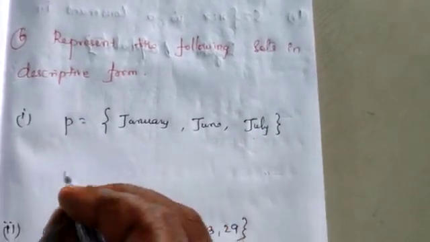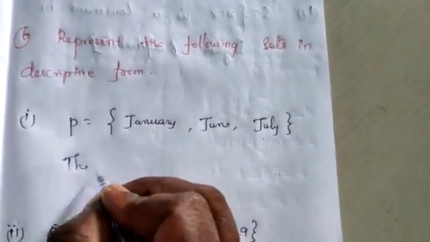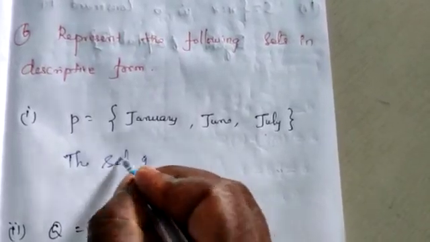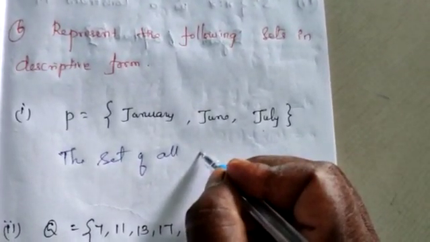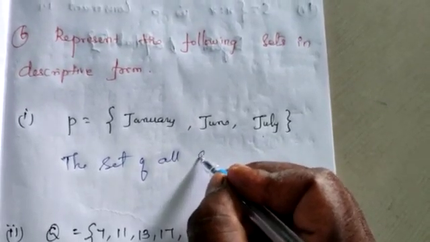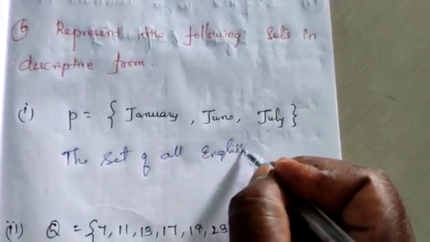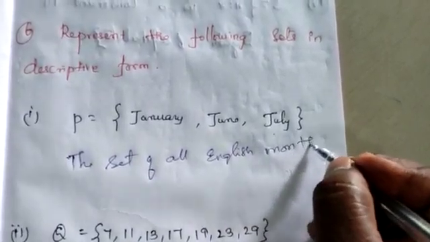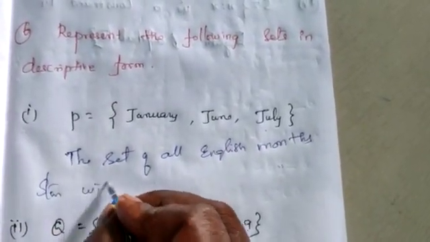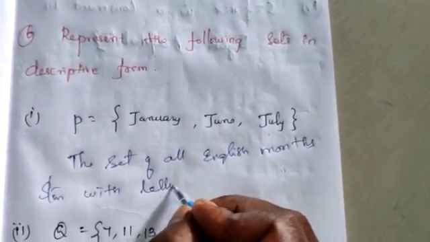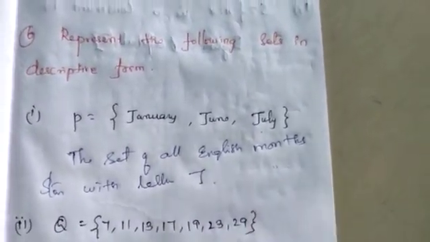The set of all English months starting with the letter J. Am I correct?